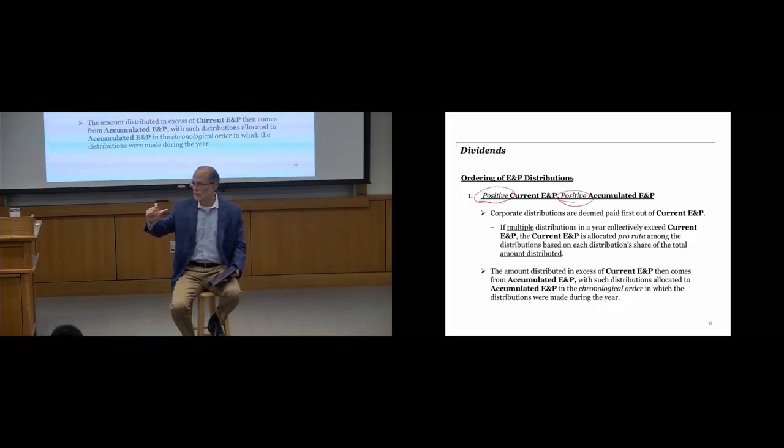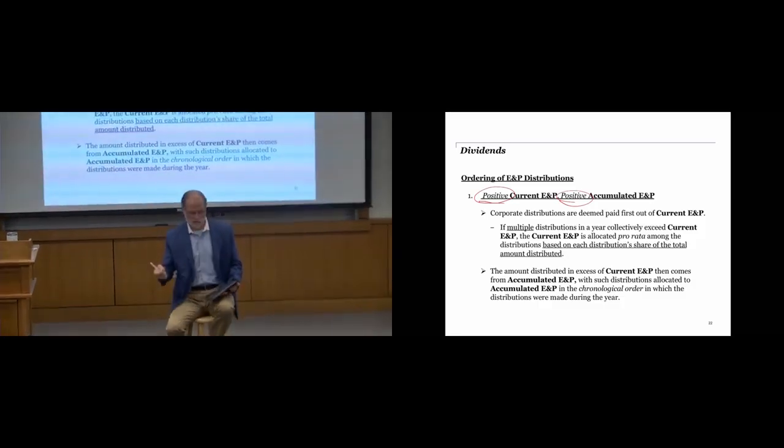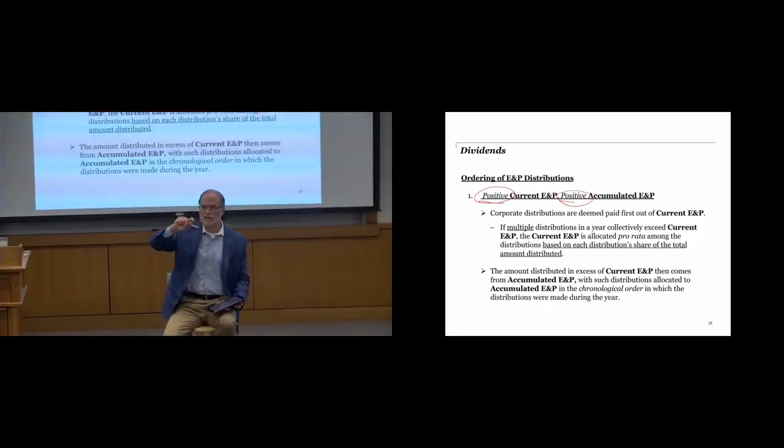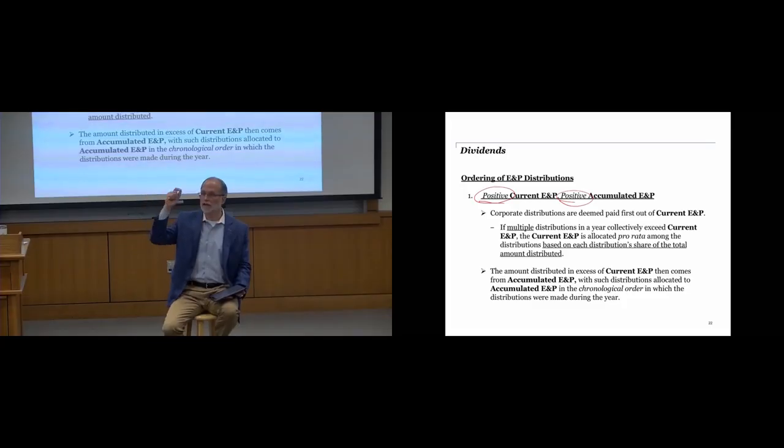Because there is no pro rata sharing, because there's only one distribution in the year. That's the first example we go through. And then that's all of the current E&P, and then I go through accumulated E&P, but since there's only one distribution, you get your percentage ownership of the corporation times the accumulated E&P. That's the updated value of the distribution.